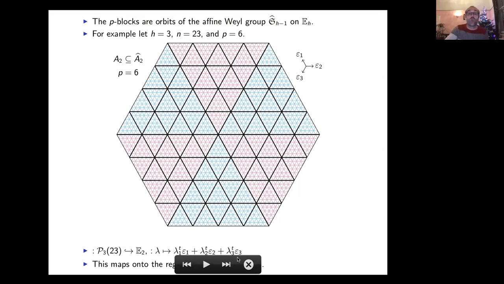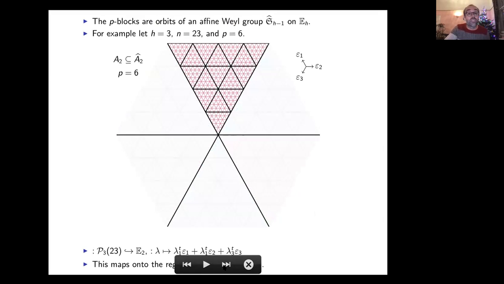This is why when people say, okay, I'm interested in anti-spherical Kazhdan-Lusztig polynomials, what they mean is they want to forget all of that space. And why am I forgetting all that space? Well, I've got this little arrow compass thing at the top right, which says that epsilon1 is to go northwest, epsilon2 is to go east, and epsilon3 is to go southwest.